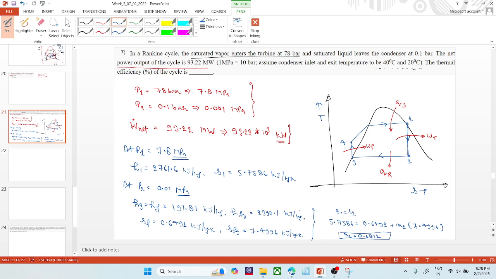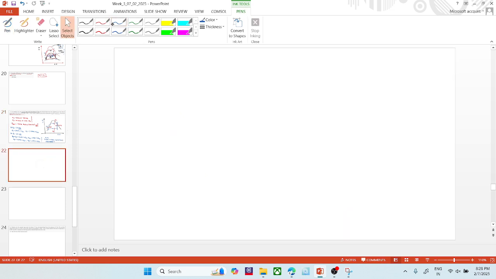So I'm solving this problem basically. Here the H1 value I got directly, H3 value I got directly. In order to calculate the enthalpy at point 2, I have calculated the quality of the steam at point 2. Now, with the help of HF and HFG, I would be able to calculate the enthalpy at point 2. Let me do it on the next page. What would be the expression for H2? H2 would be HF plus X2 into HFG.